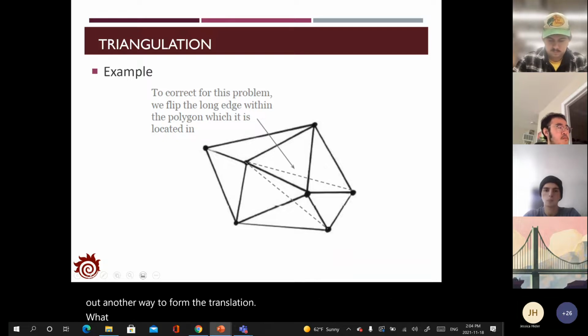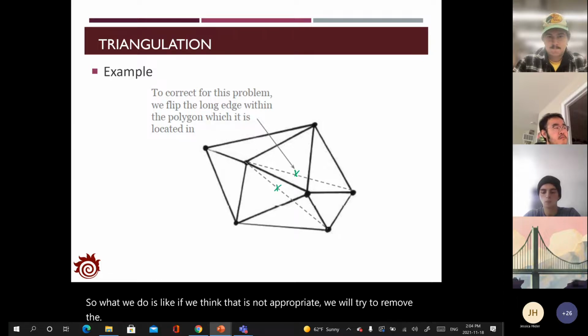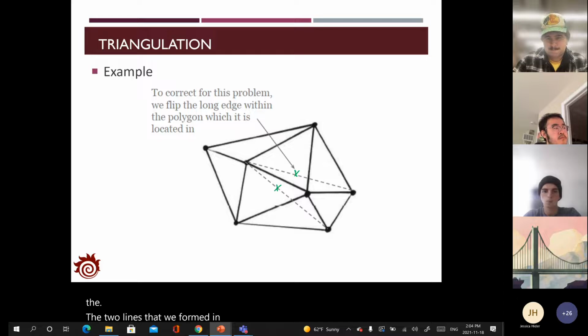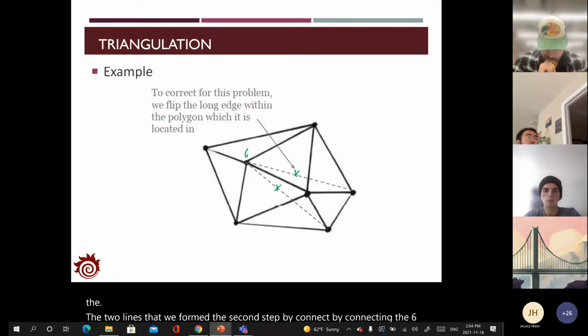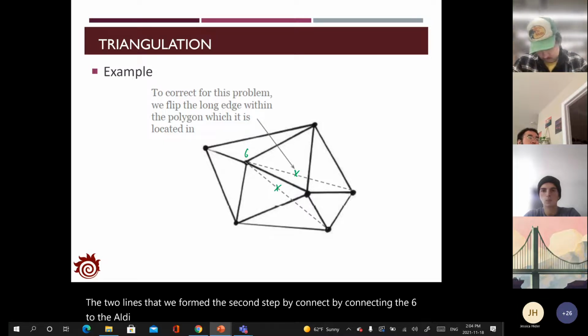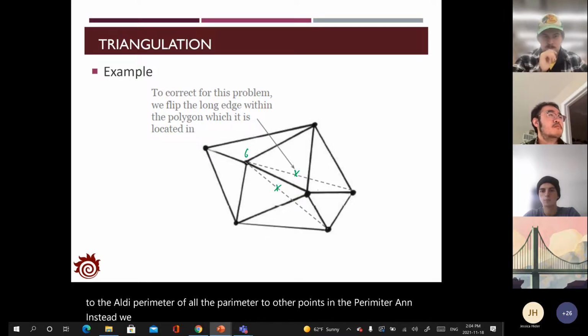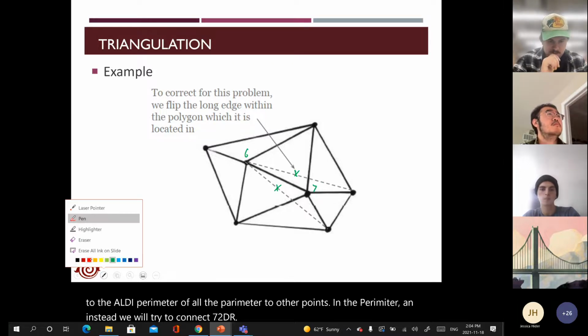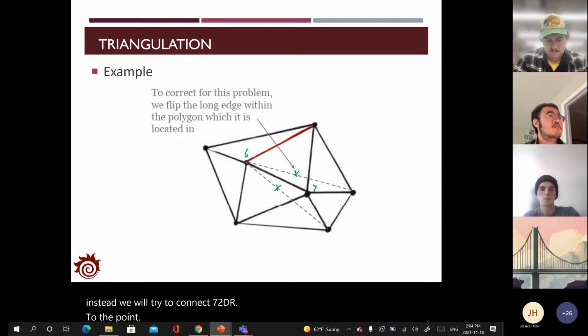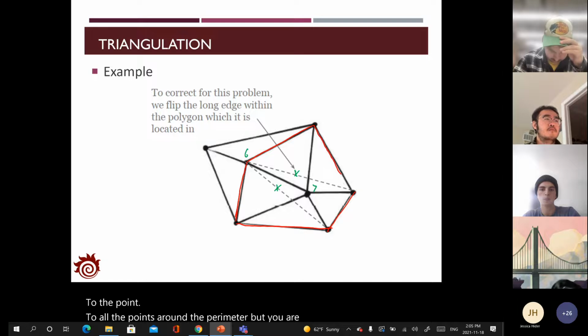What we do is, if we think that is not appropriate, we will try to remove the 2 lines that we formed in the second step by connecting the point 6 to all the points in the parameter, and instead we will try to connect 7 to all the points around the parameter, which will include point 7.